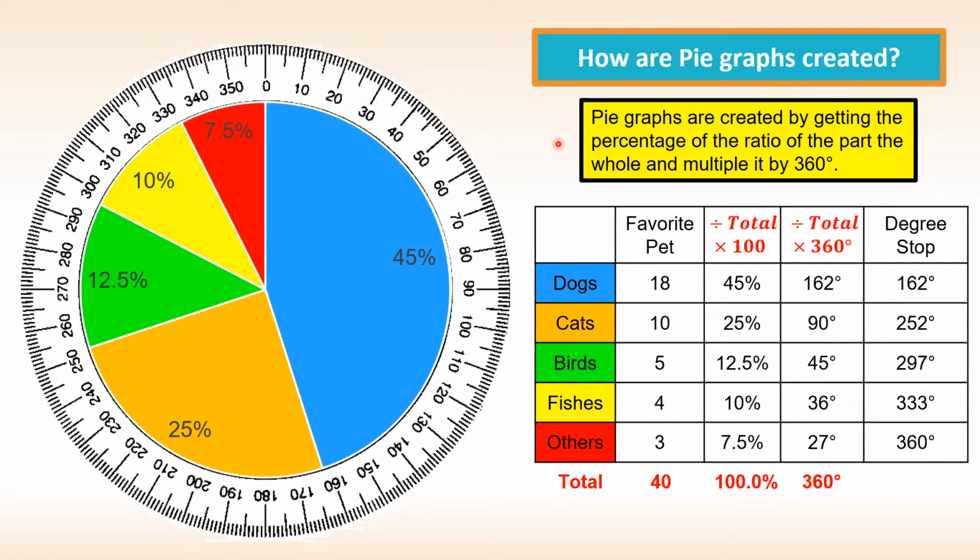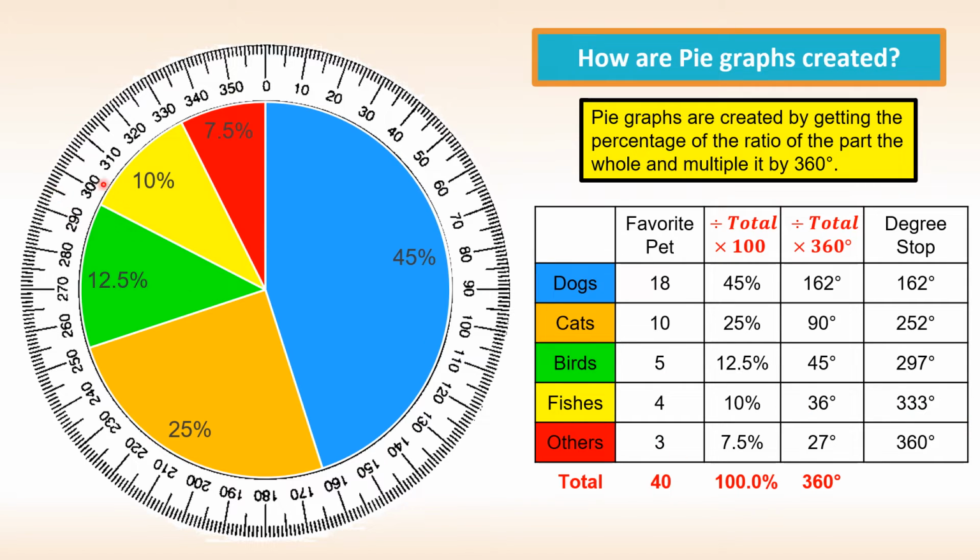Then we label. As you can see here, 162 degrees, we start from 0 going to 162. Next, 252, we start from 162 going to 252. That is our sector on cats. Then from 252 going to 297, that goes to our birds.